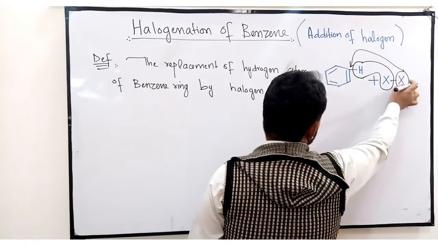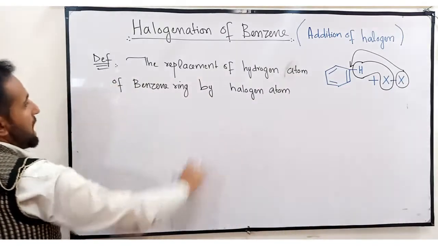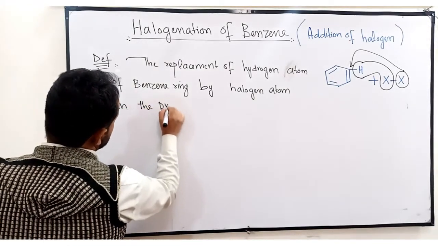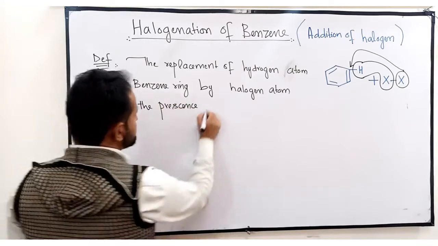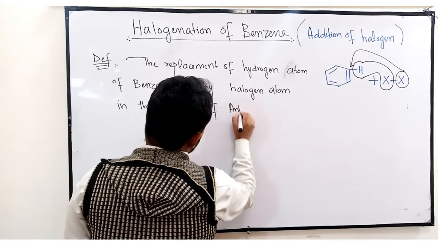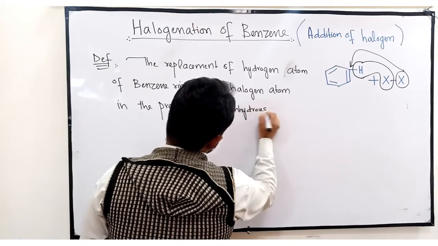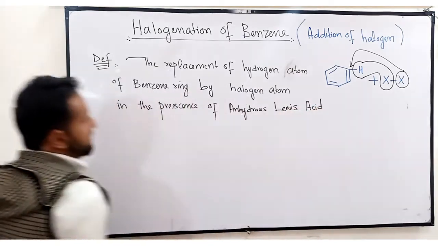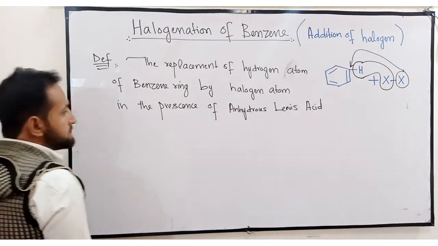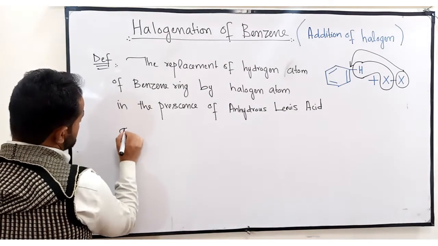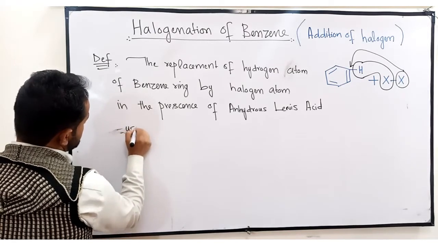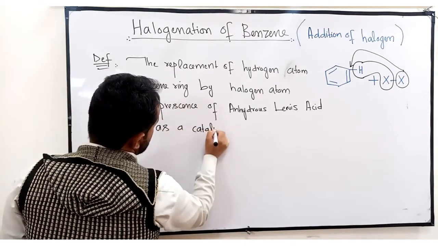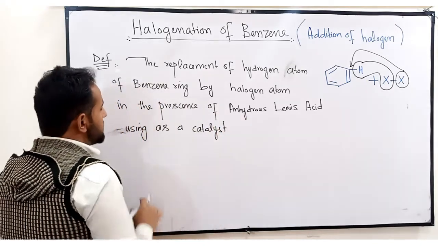This X is our halogen atom. Understand, everyone? By a halogen atom in the presence of anhydrous Lewis acid, using it as a catalyst. Anhydrous Lewis acid will be our catalyst in this reaction.